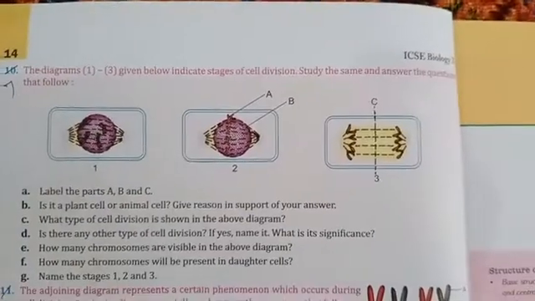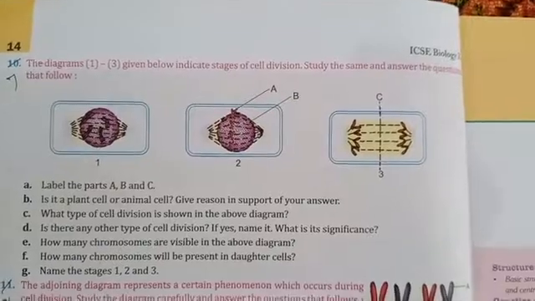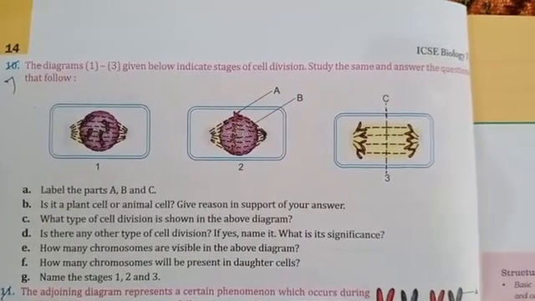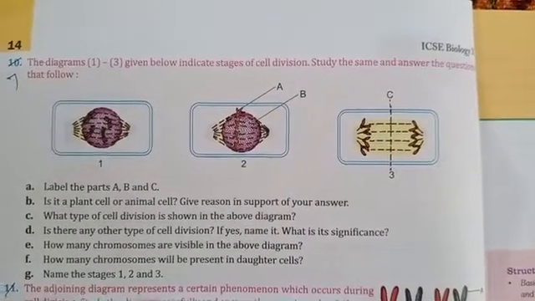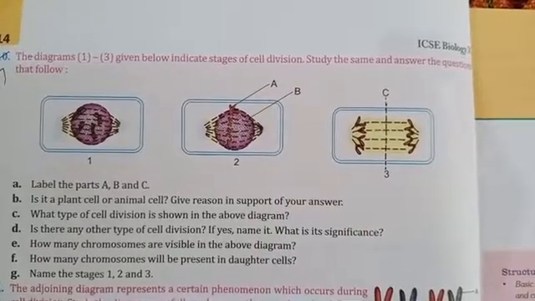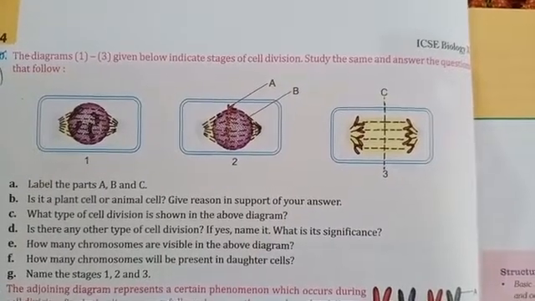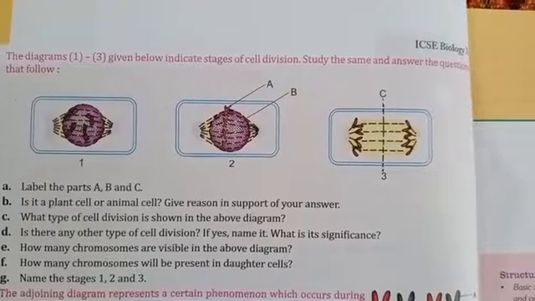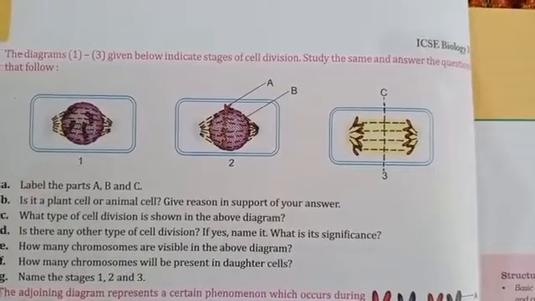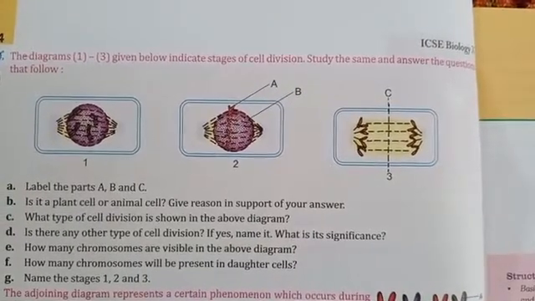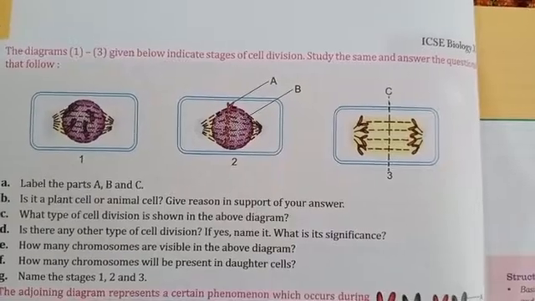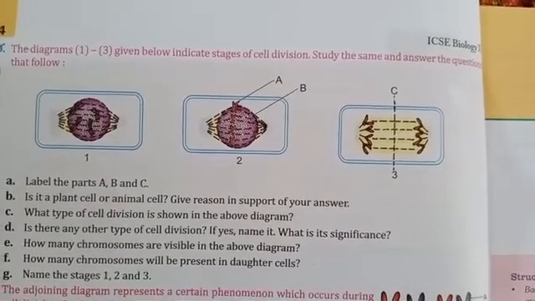Look at the figure. Now label the parts A, B and C. Is it a plant cell or animal cell? Give reason to support your answer. What type of cell division is shown? Is there any other type of cell division? If yes, name it and what is its significance?